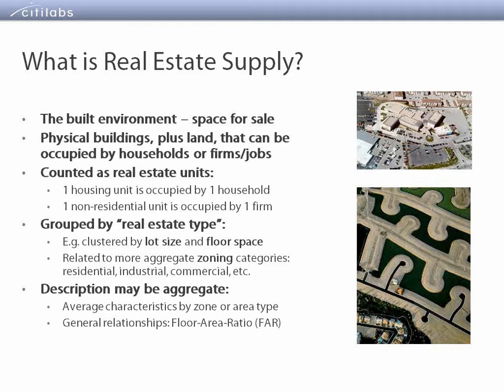So we might have average characteristics by zone or area type with general relationships such as the floor area ratio, which is the ratio of built floor space to total land consumption for a given property. So this is a really flexible way of describing land use in a way that's disconnected or allows us to be general about what kinds of households or firms or jobs might locate in a particular type of real estate supply.